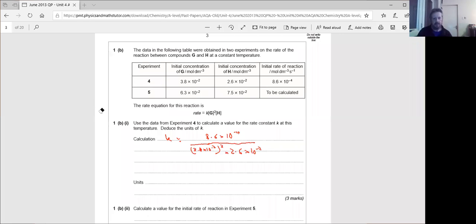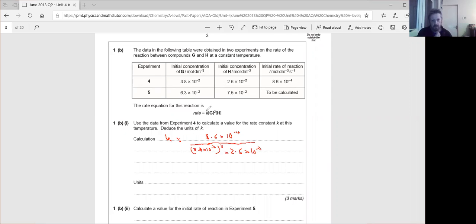So this is the second part of that question, just a little bit of extra. They've asked us to calculate the rate constant from a different table, so you can forget about the previous table. This is a new one. And they've asked us to use experiment 4 to calculate the rate constant.